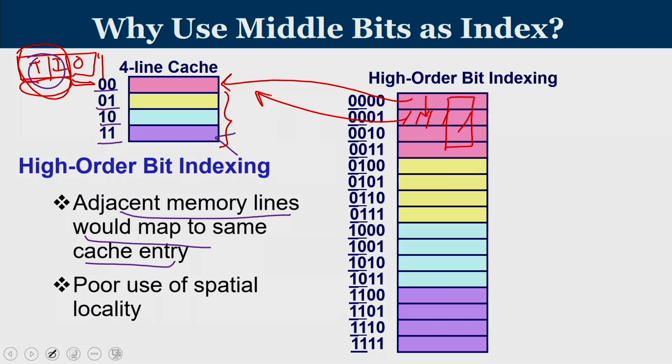So, it will evict one and only then bring the next. This is actually a poor use of spatial locality, because nearby blocks will evict the immediately previous block. The entire pink region will occupy one place in the cache, one at a time, and the entire yellow region will occupy only one place in the cache.